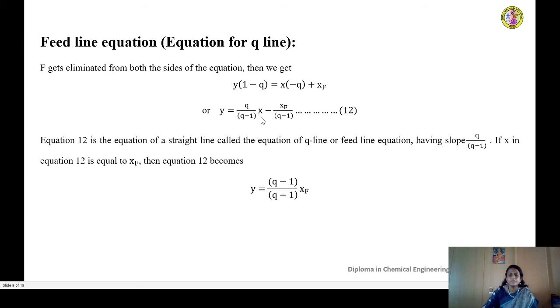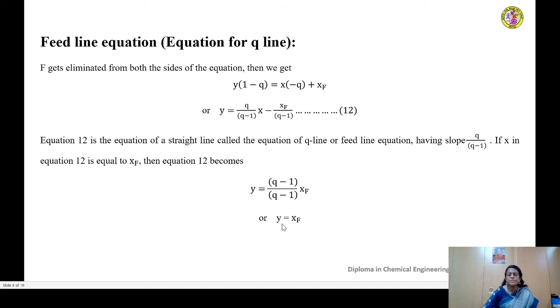Now just like how we did for the stripping line equation and enriching line equation, if you replace Y by X, then what happens? XF being common can be taken outside. Then inside the bracket you will have Q minus 1, and the Q minus 1 in the denominator gets cancelled.